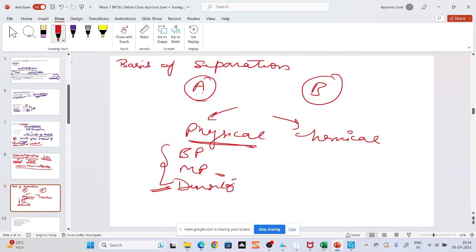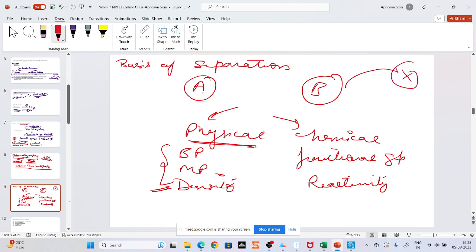Chemical properties means they can have different functional groups, or their reactivity towards different chemicals can be different. Suppose we have a chemical, say X, so B can have a greater reactivity to X as compared to A. So on this basis also they can be separated.